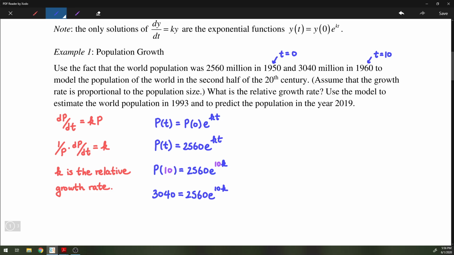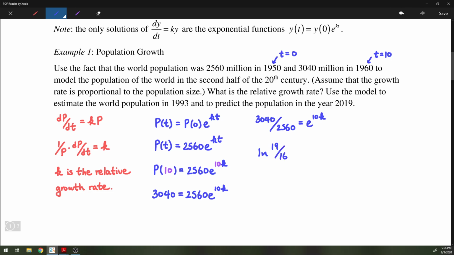Okay, so of course we can divide both sides by 2560, so 3040 over 2560 is equal to e to the 10k power. Now we can simplify this fraction. It actually is just 19 over 16. And we're going to take the natural logarithm of both sides. So we will have on the left side simply ln of 19 over 16.